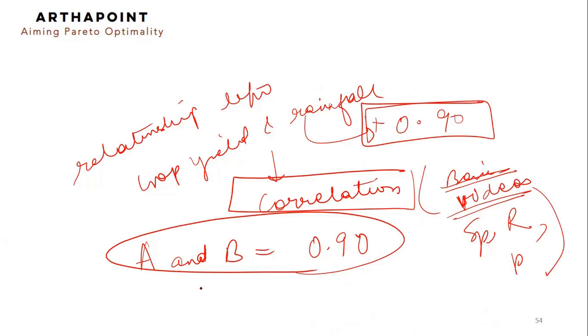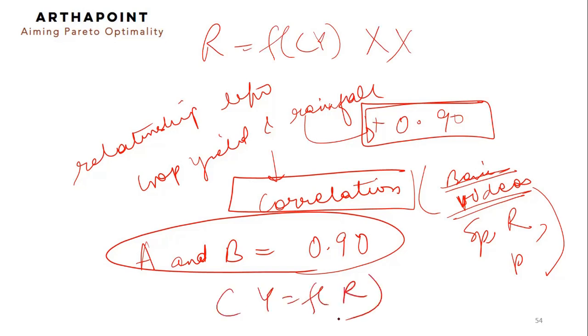But my economic sense tells me that rainfall cannot be a function of crop yield, right? Rainfall will not depend on anything except the process of evaporation. But crop yield is a function of rainfall. So that is where causation comes into the picture. That is where I go ahead and apply my theories. This is just telling me that the two move in the same direction.